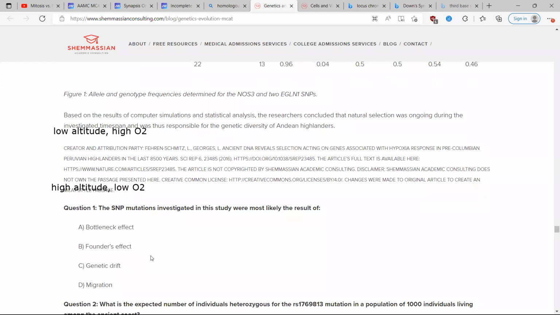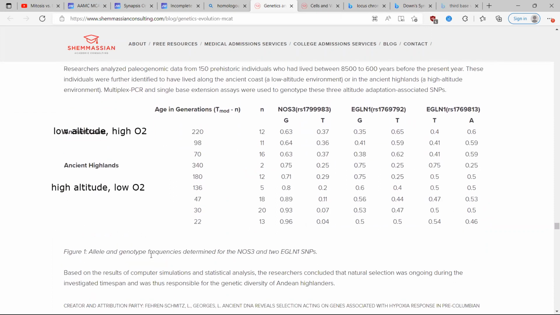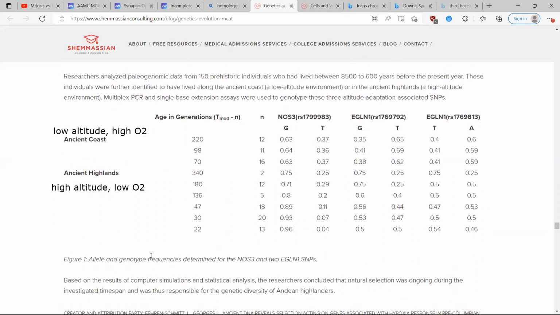And what did we know about? We know that the big thing is that there are different places, right? There's the ancient coast, which is low altitude, and the ancient highlands, which is high altitude, right?